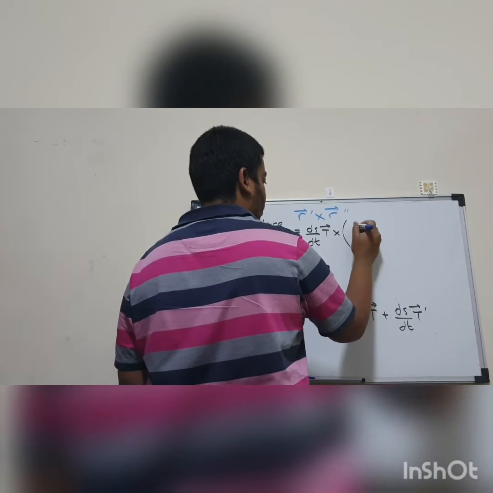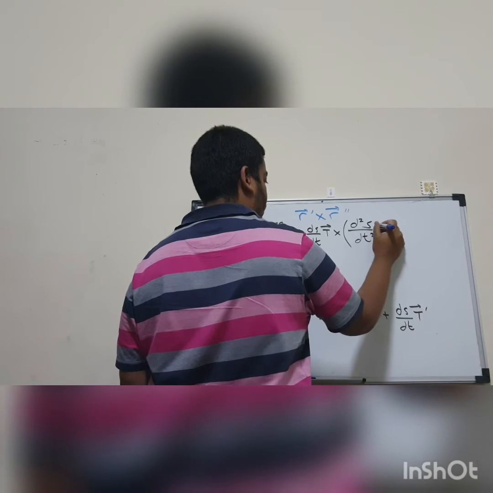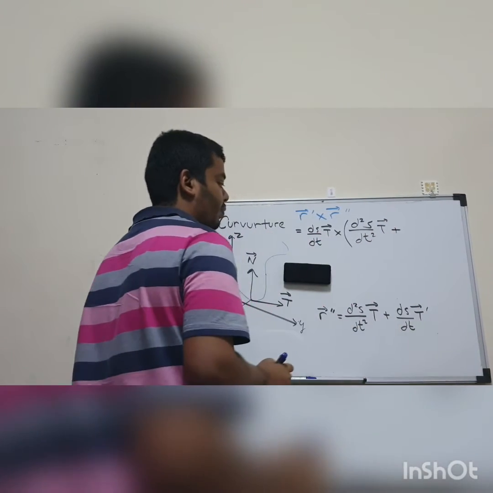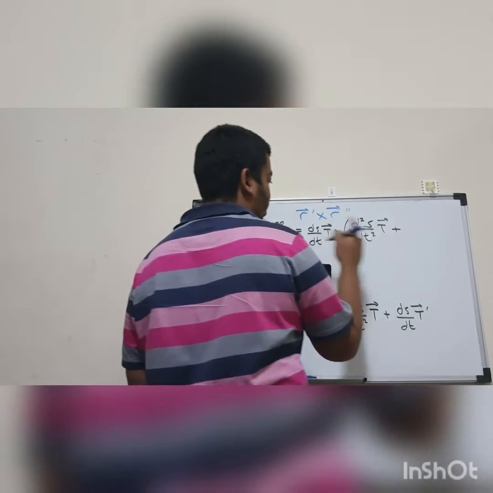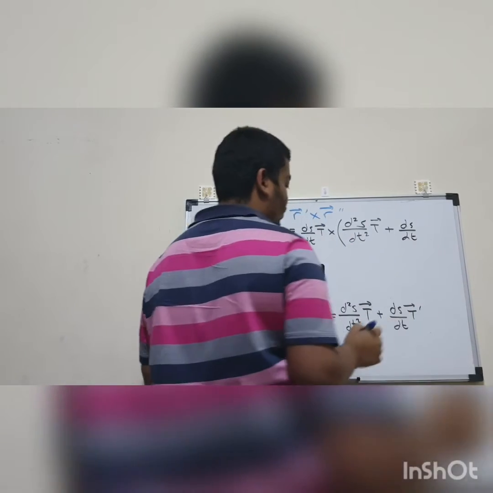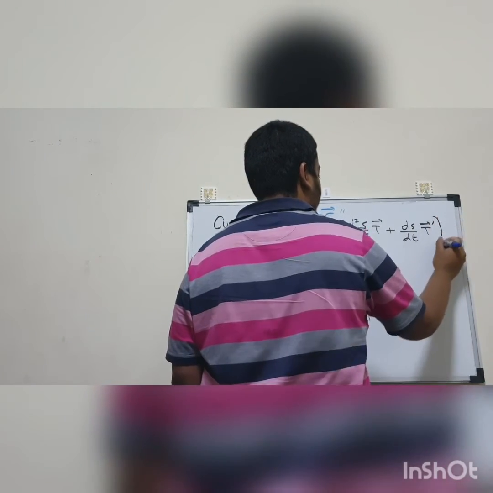We have d square s over dt square t plus ds over dt and the prime of the unit tangent vector.